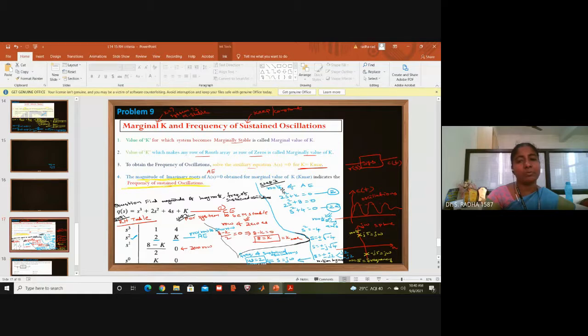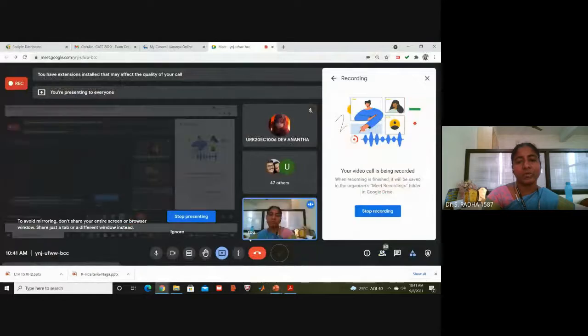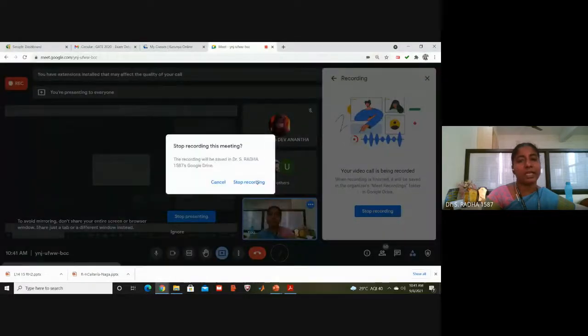We have done that in step number 3. Then from there we are calculating the imaginary roots, and finding the frequency value, that is called the frequency of sustained oscillations. This is the new concept, finding the k value and the frequency of sustained oscillations. Such problems are very important, may be asked frequently.